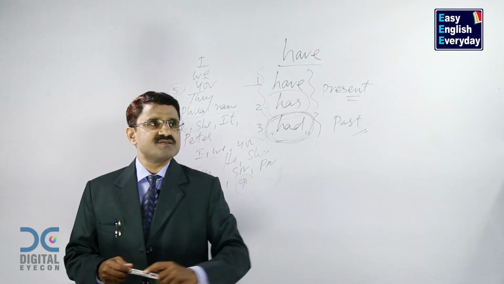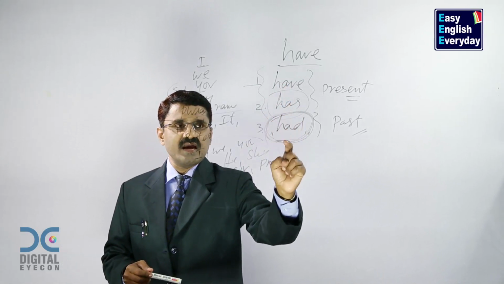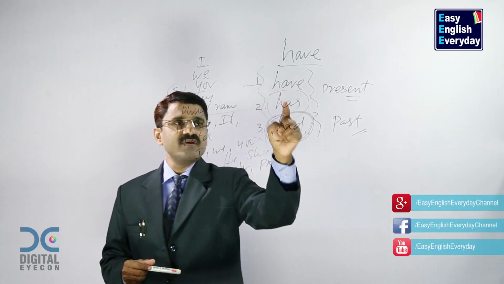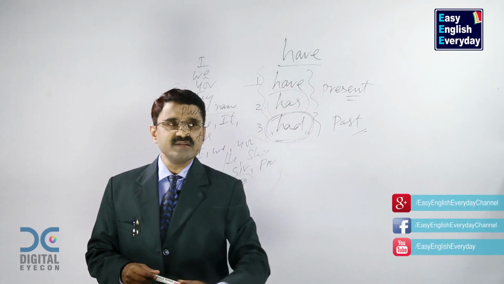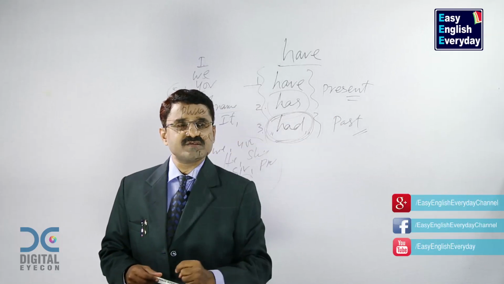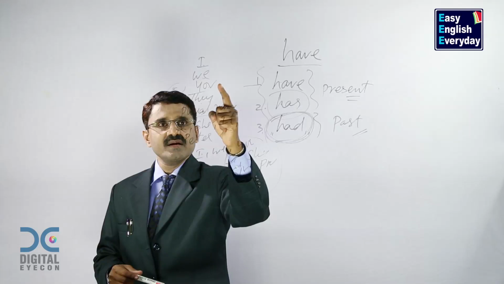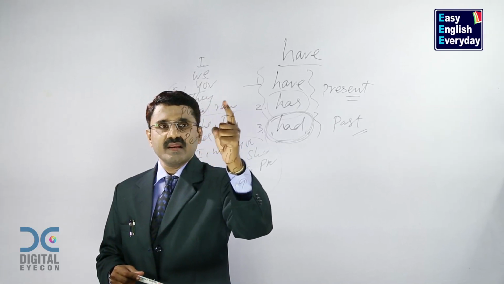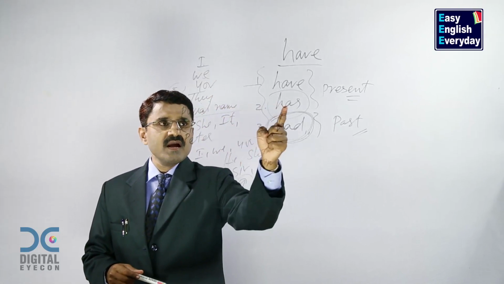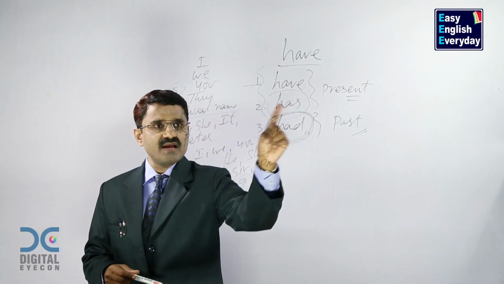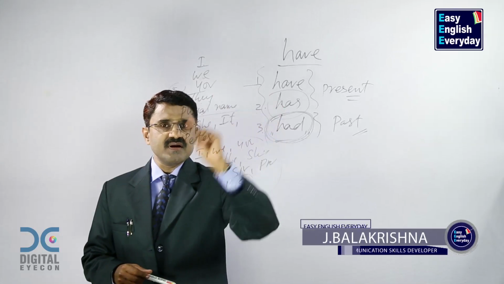I repeat once. Have, has, had. These are the 3 members of have family. Have and has indicate present tense. Had indicates past tense. Have can be used by I, we, you, they, and any plural name. Has can be used by 4 people. He has, she has, it has, Peter has.